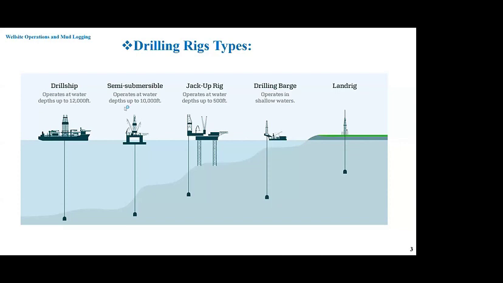Submersible operates at water depth up to 10,000 feet. Jackup rig, water depth up to 500 feet. Drilling barge for shallow waters in the transition zone, and land rig. We'll focus mainly on the land rigs.